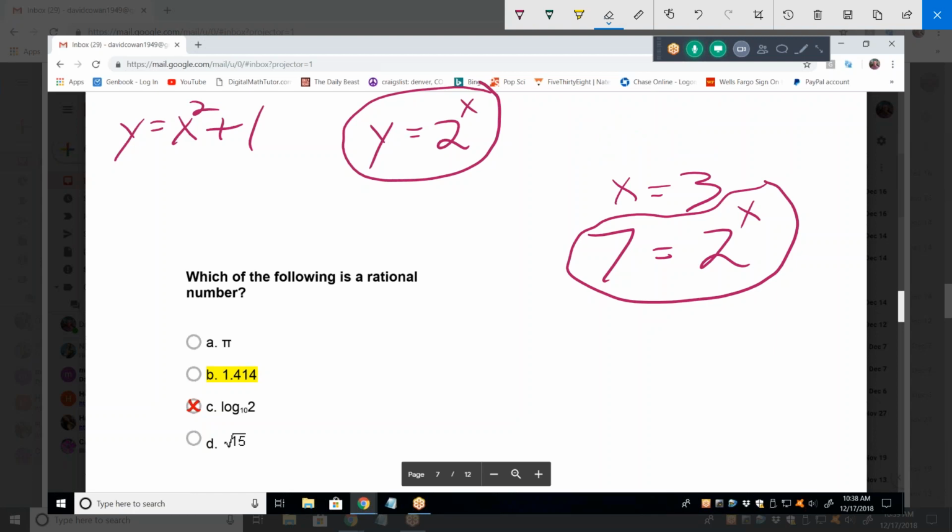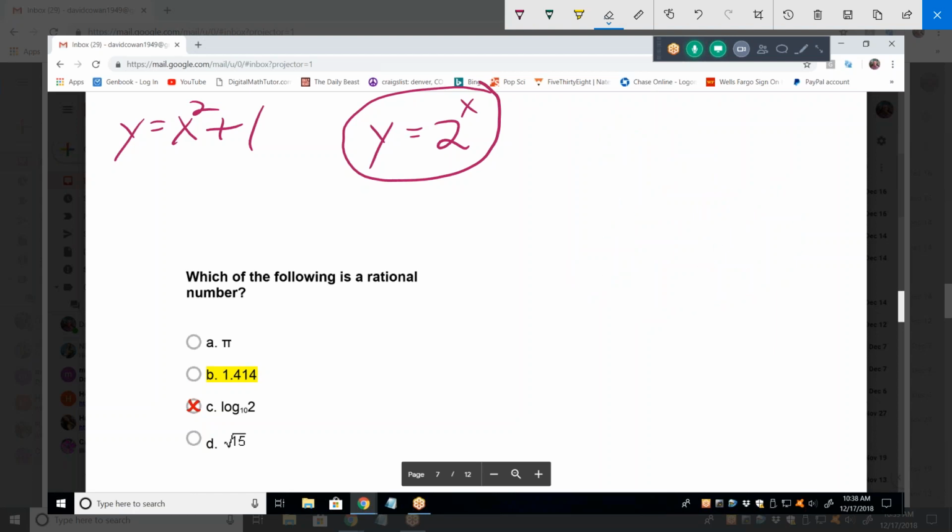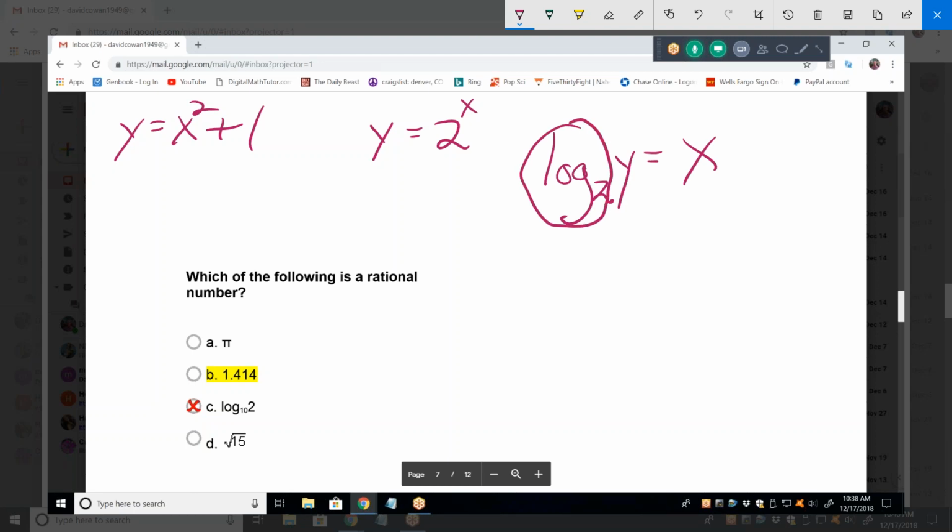Okay? So, when you start with an exponential expression, there are actually 2 ways to express that. One is the way I've done it, but another is to realize that logs are exponents. So if I say the log base 2 of y equals x, logs are exponents.